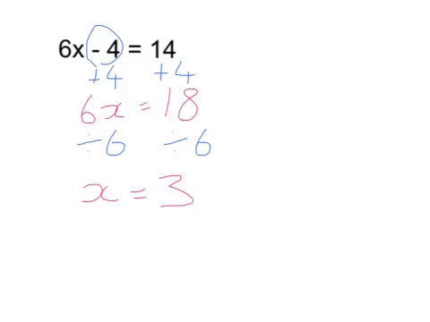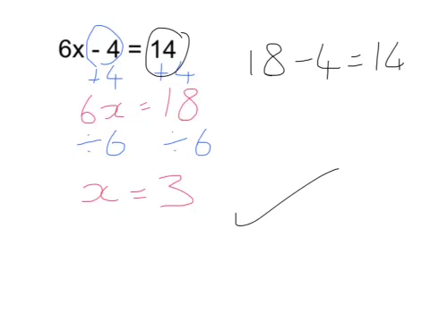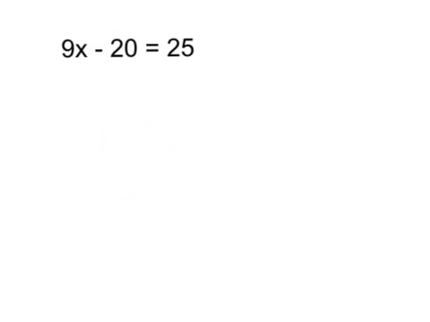Let's go back and check it. If x is 3, 6x would be 18. Take away 4 equals 14. Yep, I know it's correct. Another example with minus 20 this time. So, step 1, I'm going to add 20 to both sides. This is going to leave me my 9x equals 45.